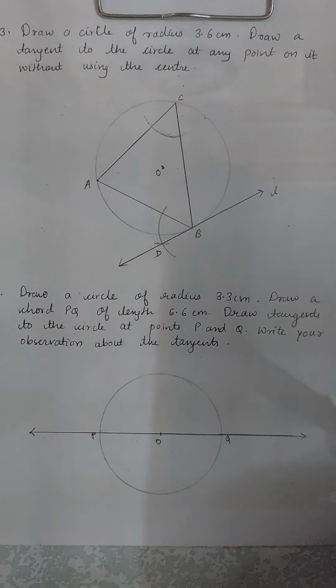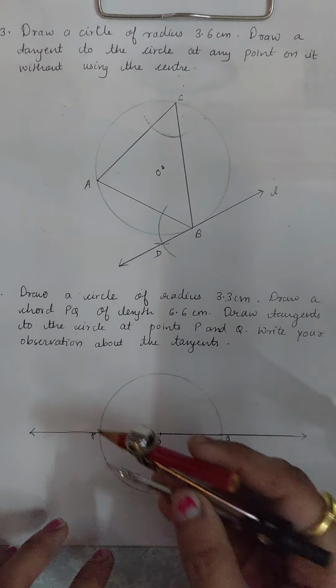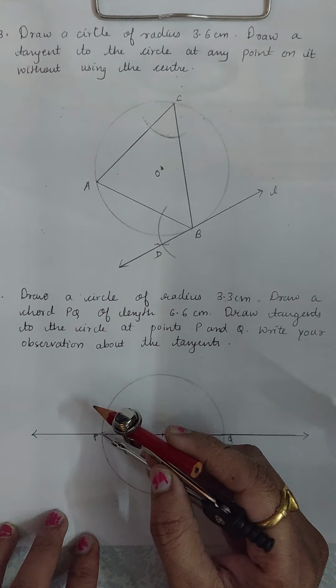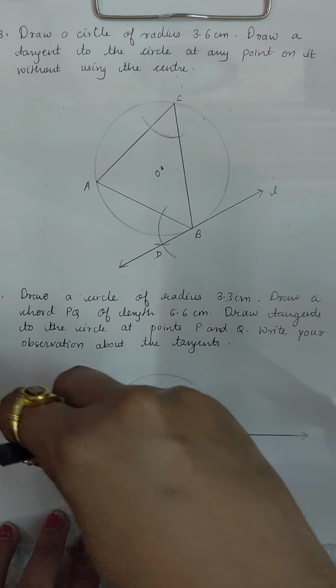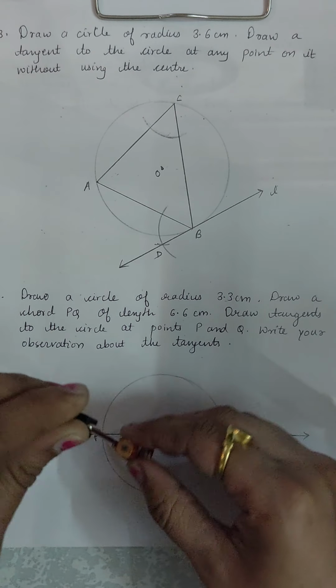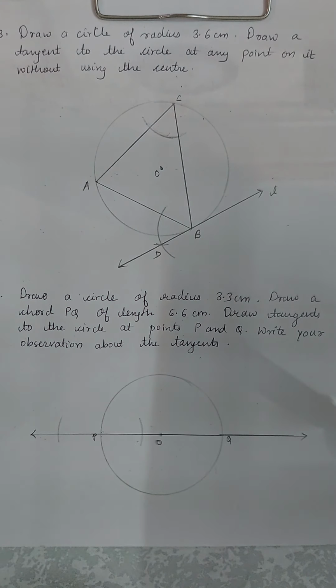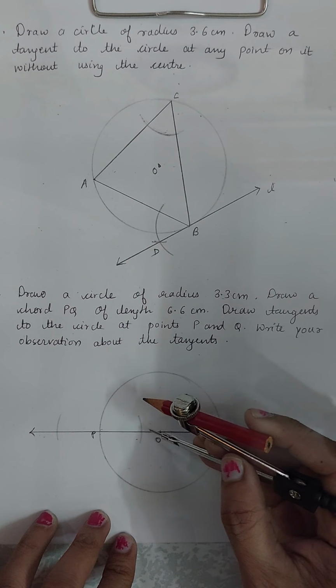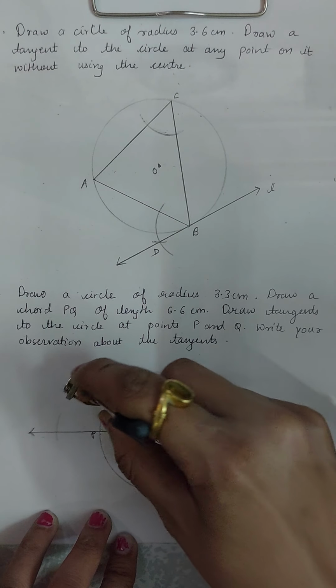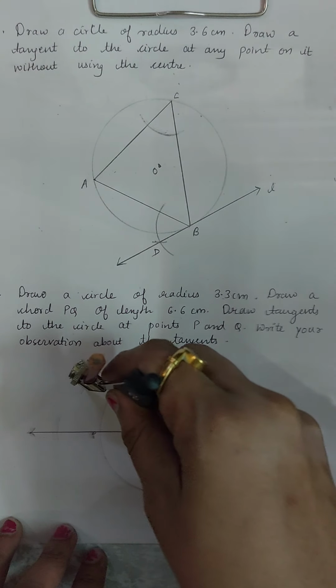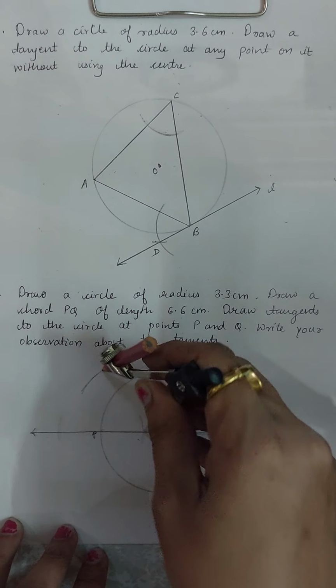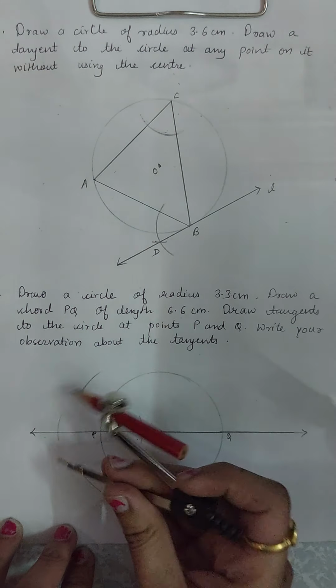After doing this, like we did previously, place here, draw an arc, place here, draw an arc. Okay. After that, keep it here, draw an arc above the line, draw an arc below the line.